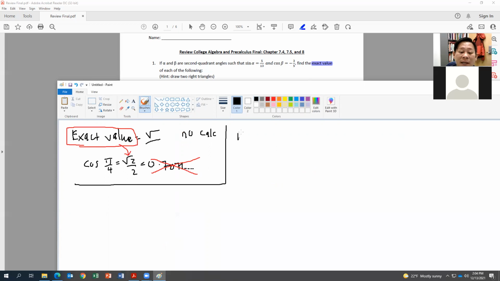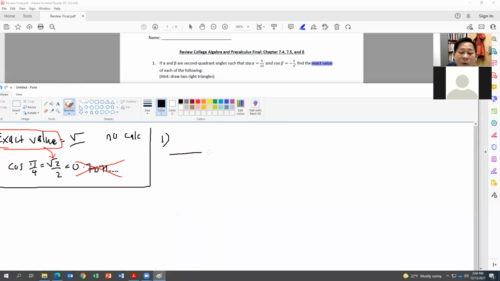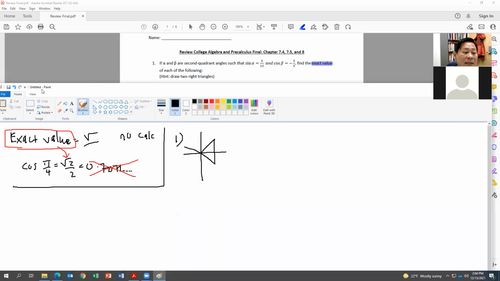The first question is given that alpha and beta are in the second quadrant. In order for us to draw it, make sure you know that your alpha or beta depends on what quadrant it is. Since this is a second quadrant, your triangle will be on this one.